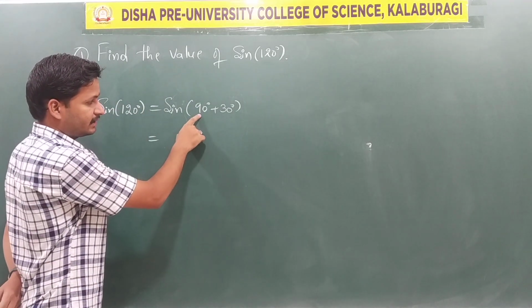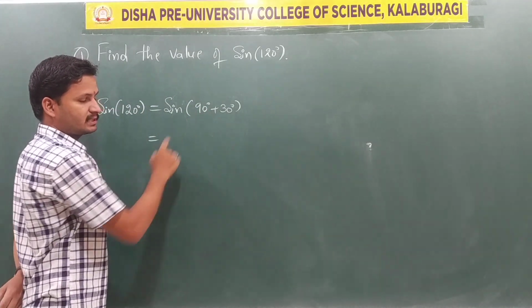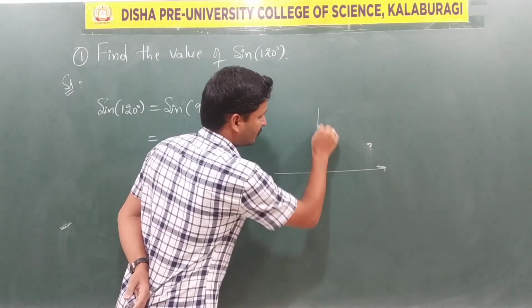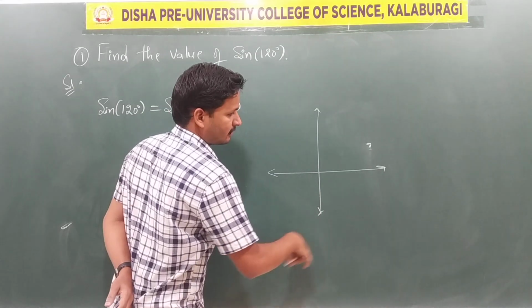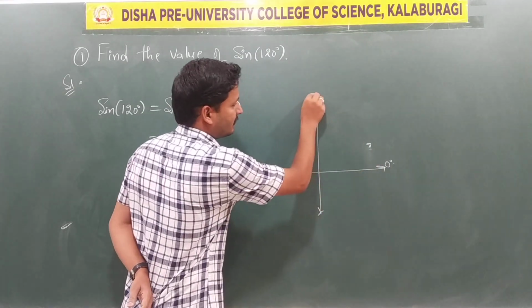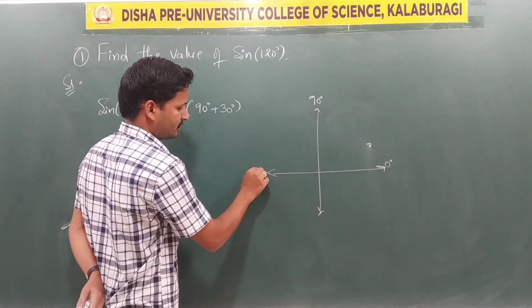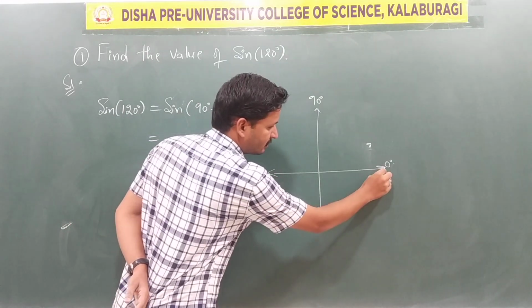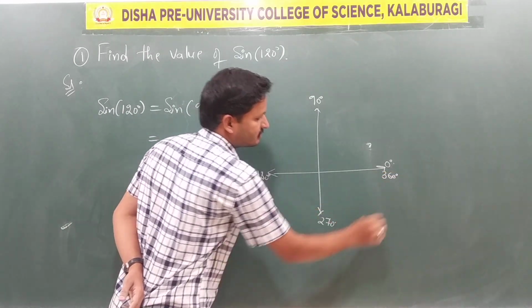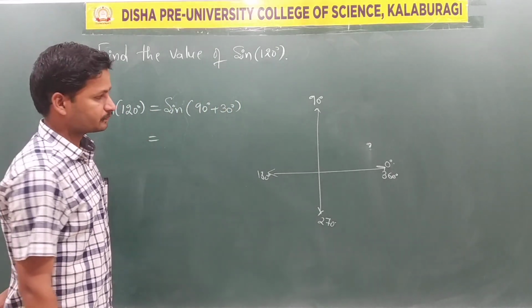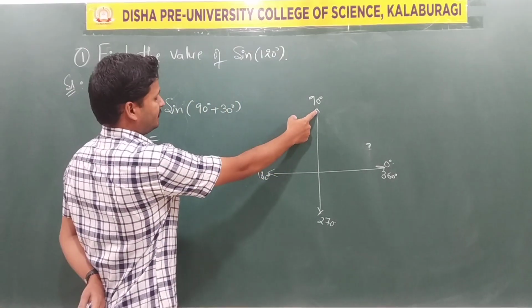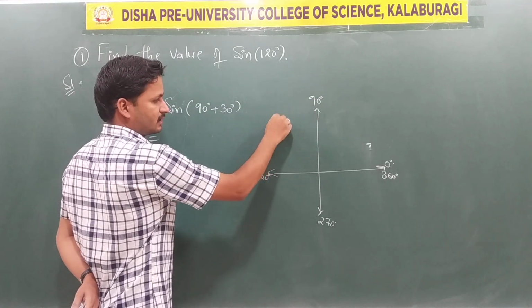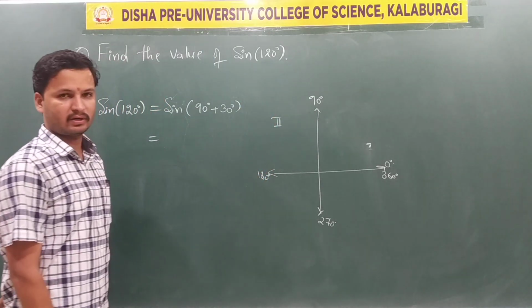Here 90 degree plus theta is there. 90 plus theta lies in which quadrant? See, this is 0 degree, this is 90 degree, 180 degree and 270 degree, and again one complete rotation, this is 360 degree. 90 degree plus theta lies in the second quadrant.